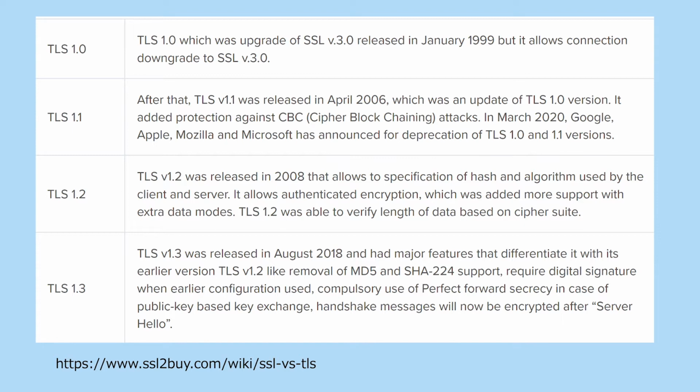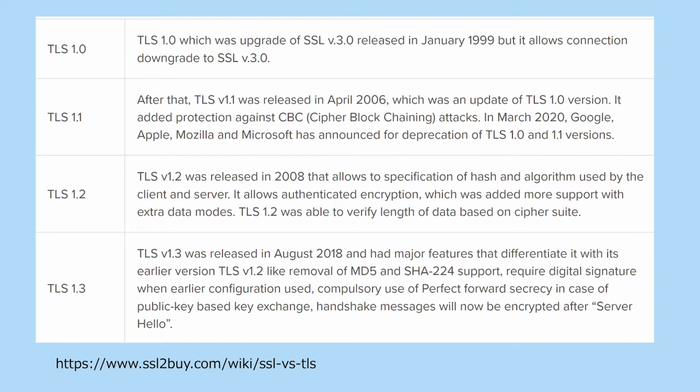Transport Layer Security version 1.2 was released in 2008. It allowed specification of the hash algorithm used by the client and server, and it allowed authenticated encryption, which was more suitable for extra data modes. TLS 1.2 was able to verify the length of data based on cipher suites.